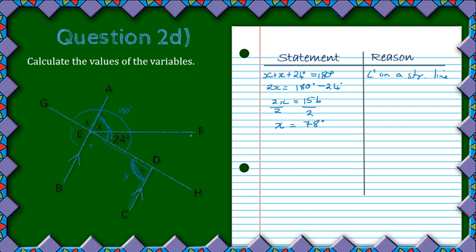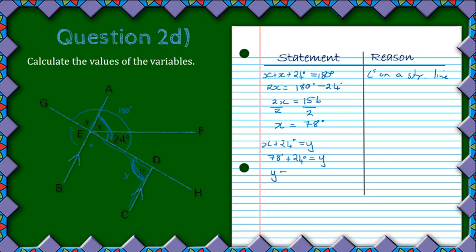These two alternate angles. So x plus 24 together will be equal to y. Now we know x's value. We substitute that in. So 78 degrees plus 24 degrees is equal to y.